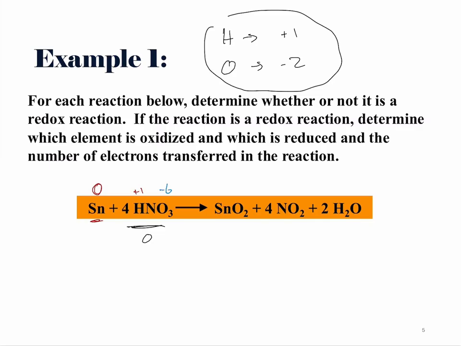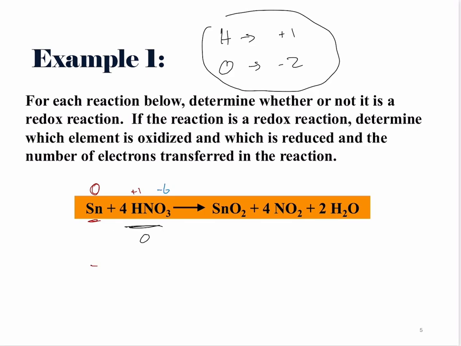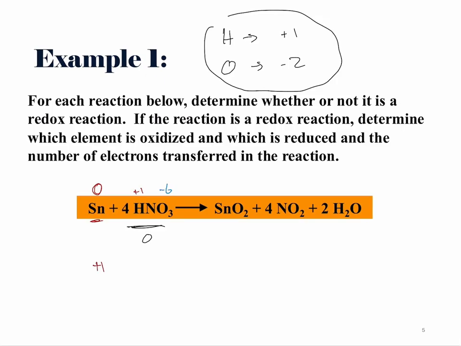Because we have +1, -6, which gives us -5 right now. To make that neutral, we need a +5 to counteract that. So +1 and -6 equals -5, which means nitrogen has to be +5 to equal 0 for this molecule. All right, so we've determined the oxidation state of the nitrogen in our nitric acid compound.